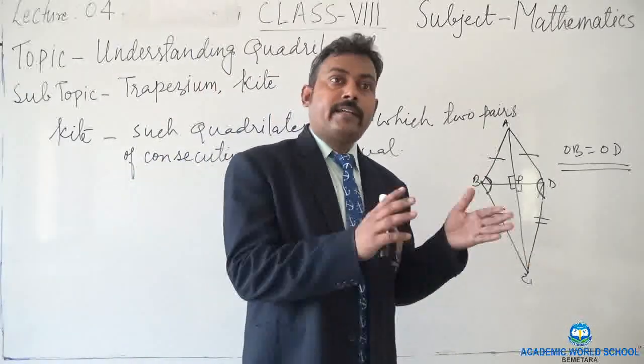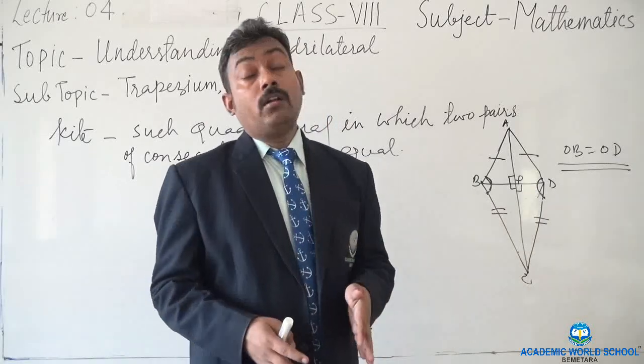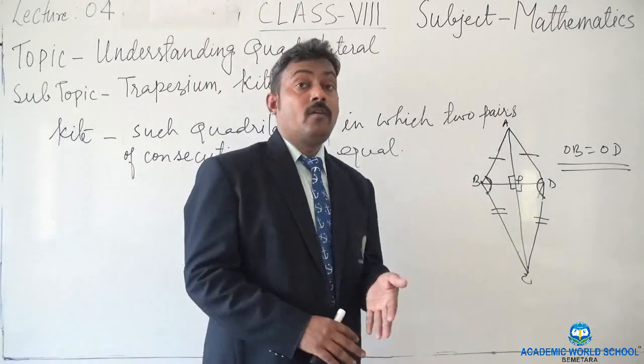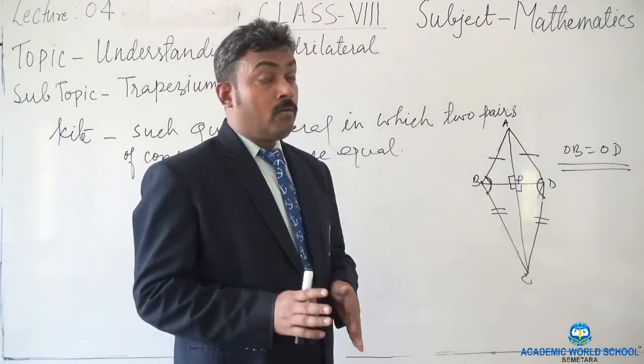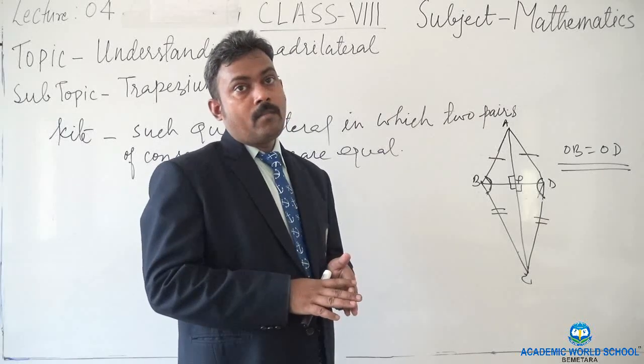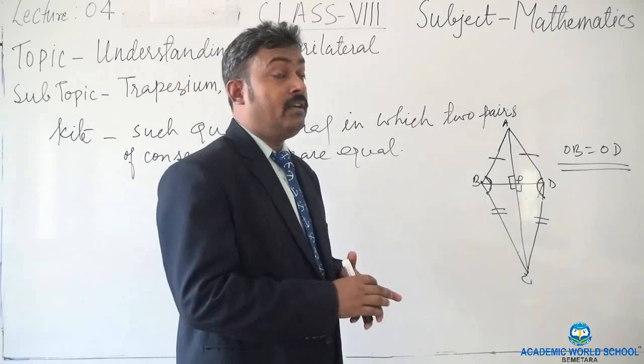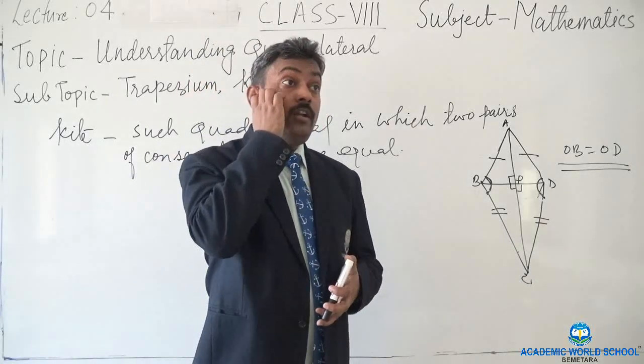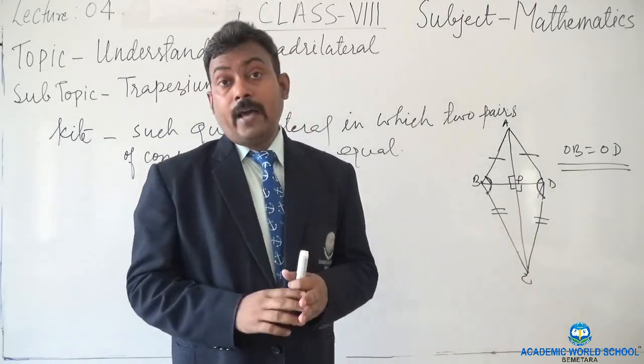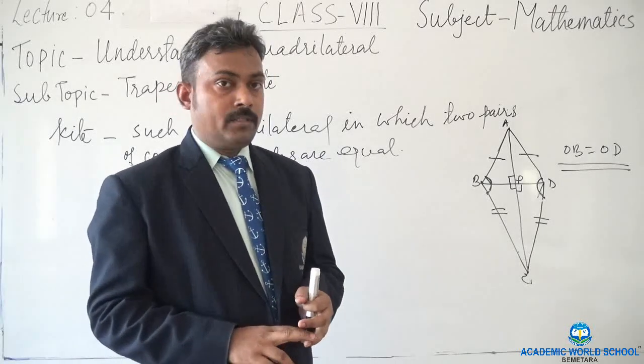So all rectangles are parallelogram, all squares are parallelogram, all rhombus are parallelogram, but all parallelograms cannot be rectangle, square, or rhombus.